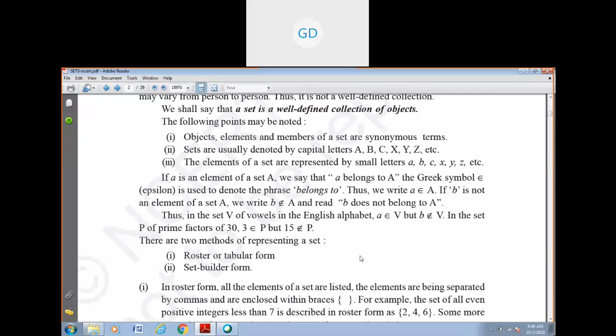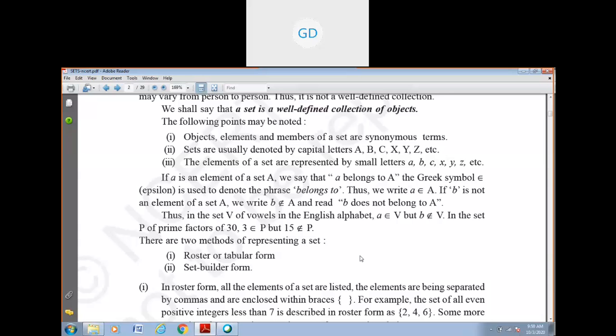So if we have to express this symbolically in such language, we will write 0 does not belong to N. That is, 0 epsilon cut, then capital N. That means 0 does not belong to N. This is the symbol in such language you should know.